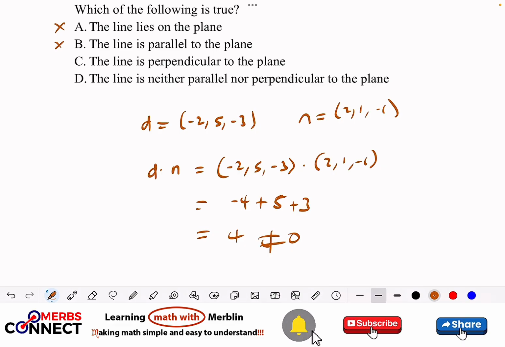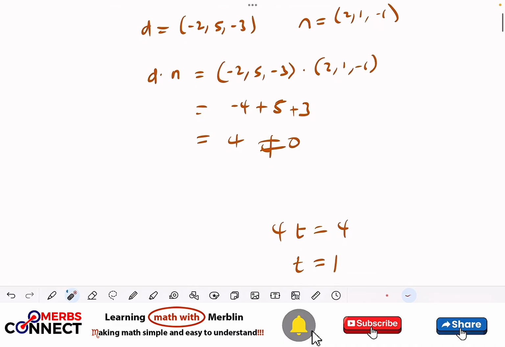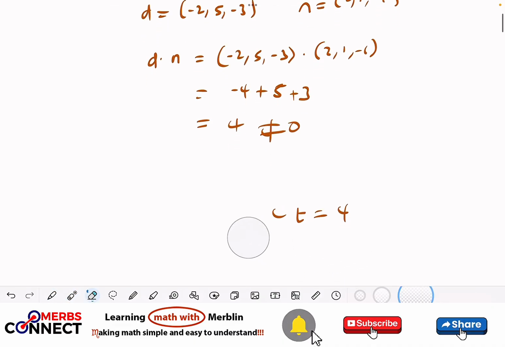So the next thing we need to do is check for perpendicular, right? We are talking about a line and a plane. A line is perpendicular to a plane if D, which is the directional vector here, is parallel to N, meaning that D is equal to some scalar times N, right?